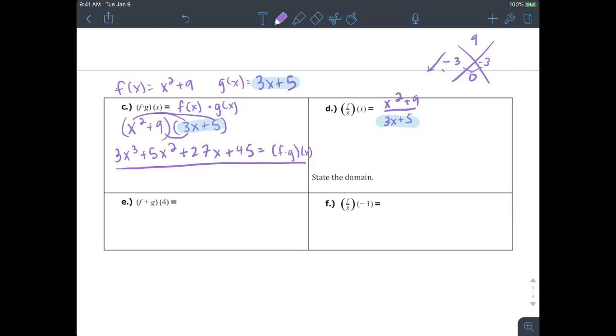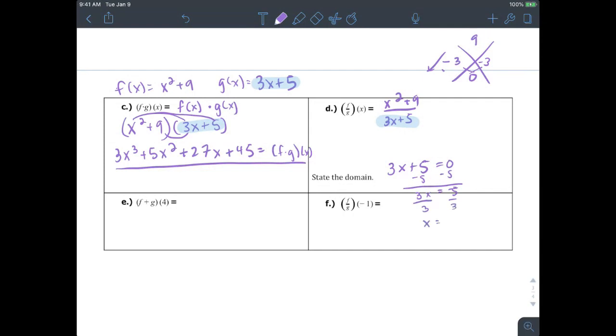Now it says to state the domain. What x value is going to give me a 0 on the bottom? If you take the calculation on the bottom, 3x plus 5, and set it equal to 0, we can solve for x. I get 3x is equal to negative 5, and then divide by 3.